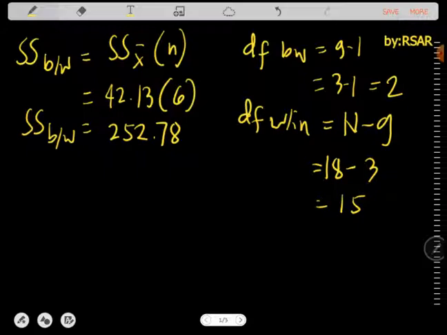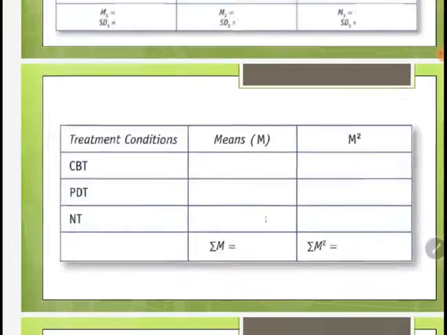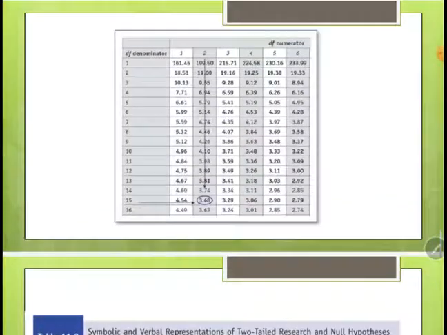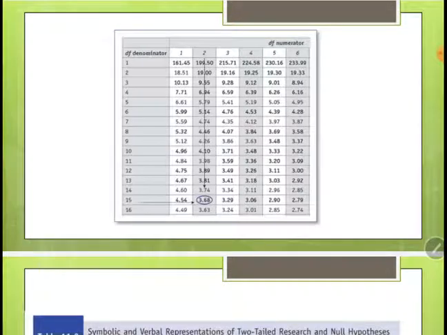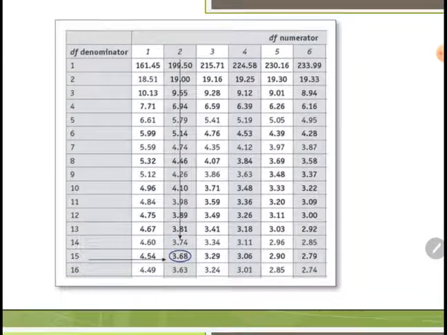So ano naman itong gagamitin natin dito sa DF? Kasi we have the value. So ito yung ating DF or differences, no, between and within. So itong table na to ay nasa appendices ng statistics and meron tayong uploaded sa ating Google Classroom.